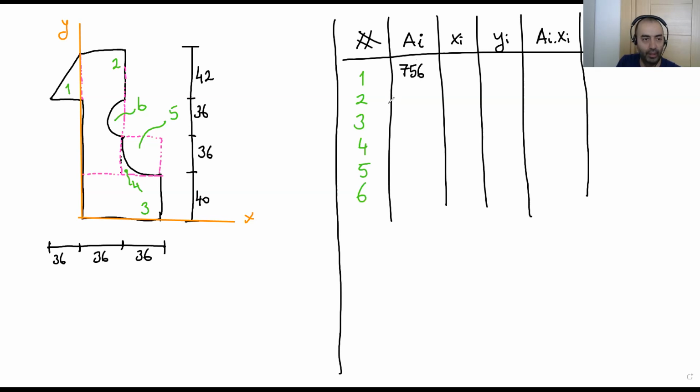The second box says xi. What is xi? Xi is the distance to the y-axis, right? This has its own centroid point, and this distance is xi.